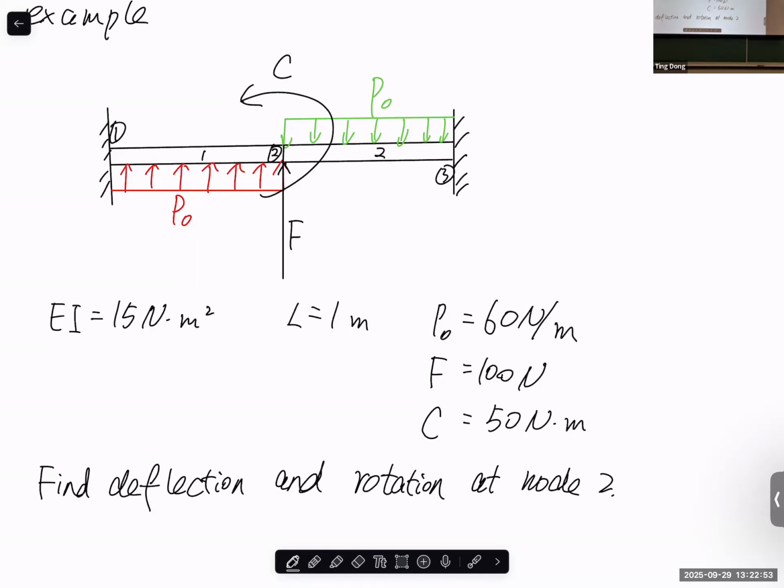Of course, since Young's modulus, moment of inertia, and L are given, we know the K. The external applied force is given, so we know the F. KQ equals F, and you find V2, theta 2. Make sense or not?